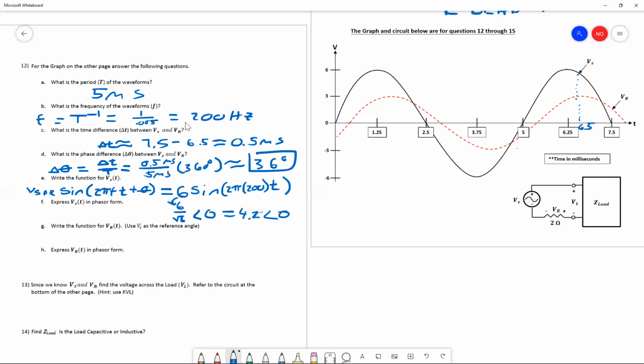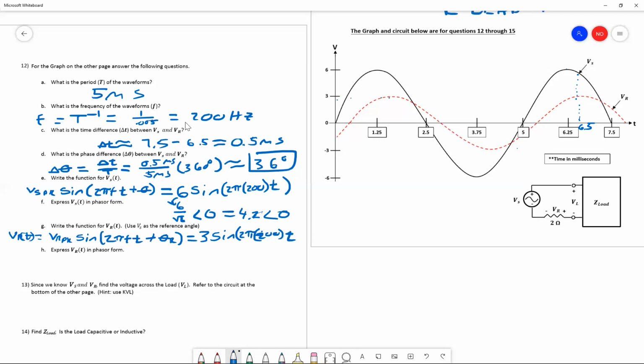It's the same way: VR of t equals VR peak times the sine of 2 pi f t plus the angle of VR. Its peak value is going to be roughly 3, times the sine of 2 pi f, which is 200, t.